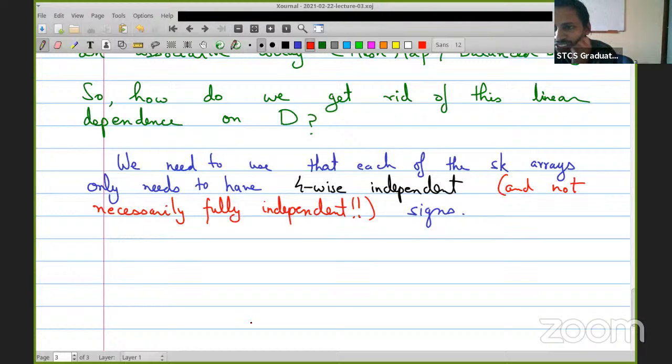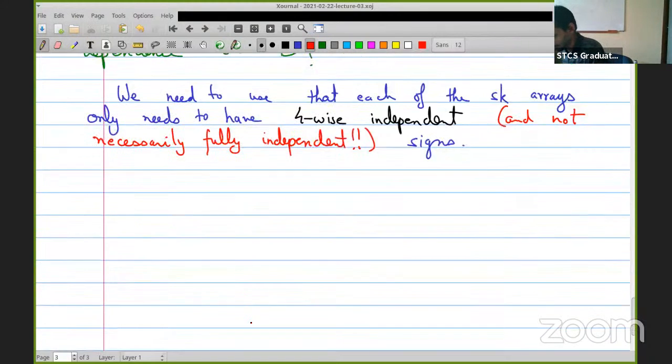The system stores only log n truly uniformly random bits, and if you ask for the ith random bit, where i goes from 1 to n, it generates it in such a way that the ith and jth bits, when i and j are different, are pairwise independent. But if you take 3 of them, they might not be.